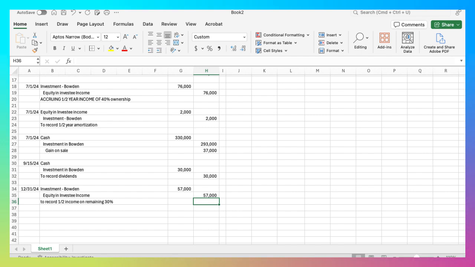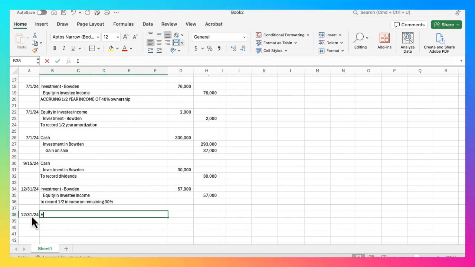Okay. So now the next thing we can do is calculate the half-year patent amortization, right? To do that, which we do very, very easily, on 12/31/24, we're recognizing that amortization expense on the patent.